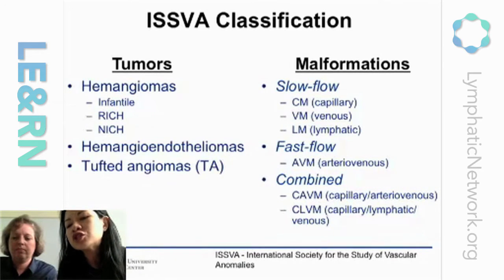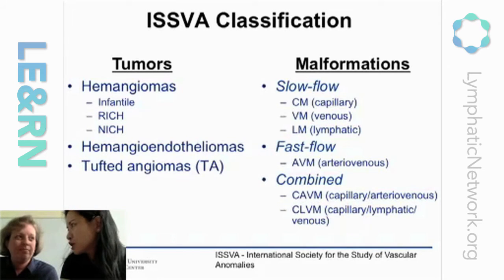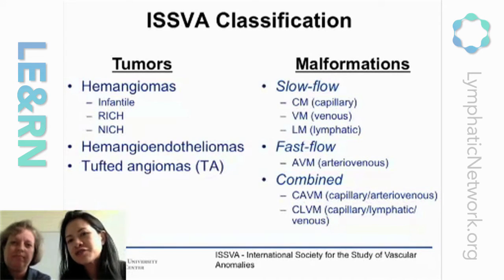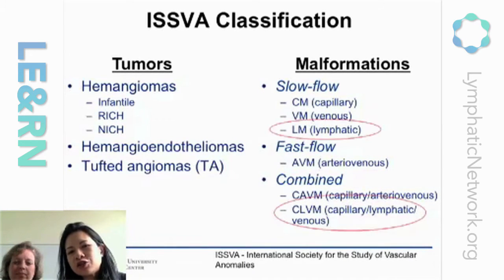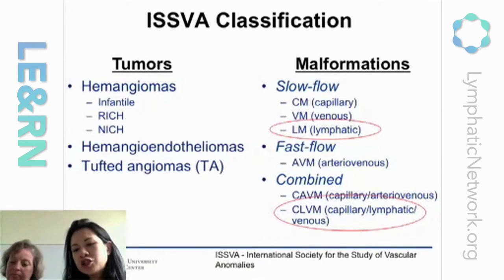These malformations are further subdivided according to their flow characteristics, fast flow or slow flow, and lymphatic malformations are slow flow malformations. Malformations are subclassified into the type of vessel that is involved. So people can either have pure lymphatic malformations, or they can have combined malformations with lymphatic, venous, and capillary malformations all combined.